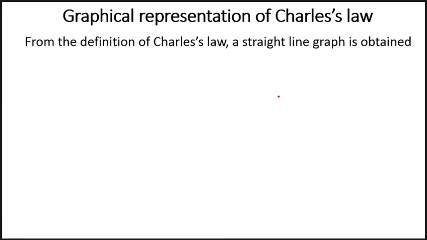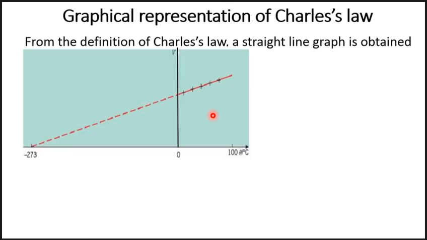So a straight line graph will be obtained since they are directly proportional. So in other words, I'll be having an increasing graph, which is going to look like this. Here I have the volume on the vertical axis, and I have the temperature on the horizontal axis.